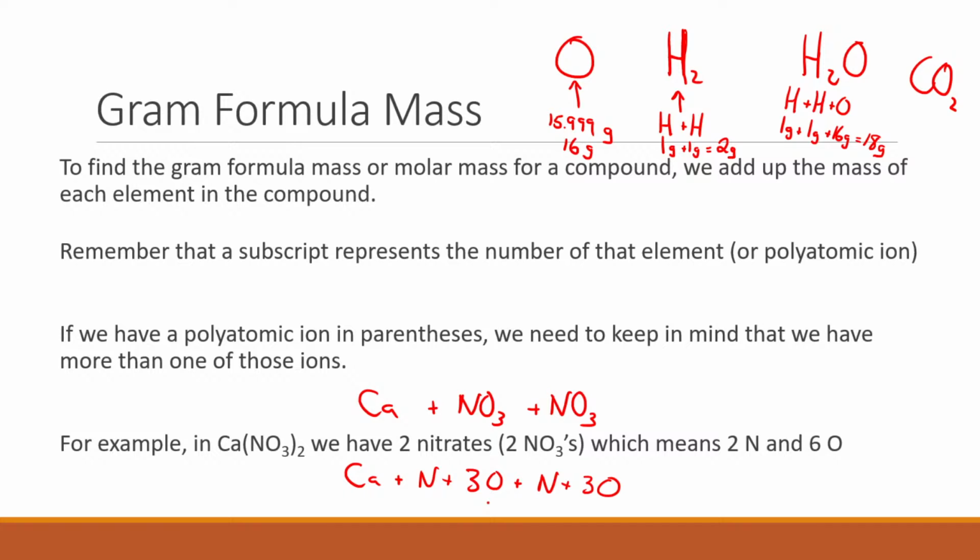So really there's 2 steps to this process. There's 2 steps to figuring out what 1 mole of something weighs. The first step is counting up the atoms. And the second step is using the periodic table to find the mass. So slowly, let's do an example.